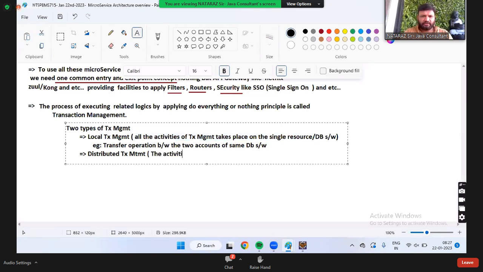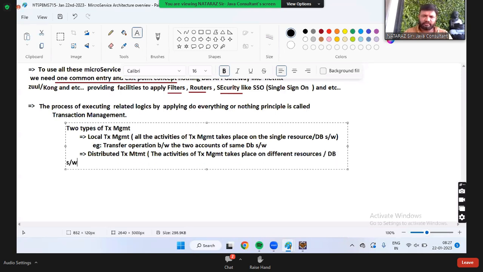Distributed transaction management: the activities of transaction management take place on different resources, on different DB softwares, on multiple resources.